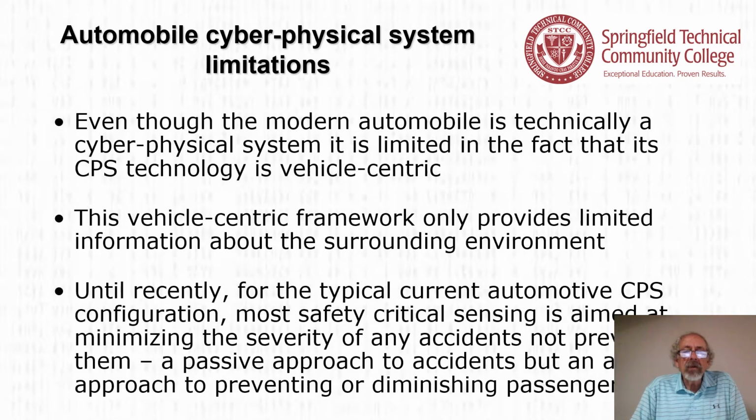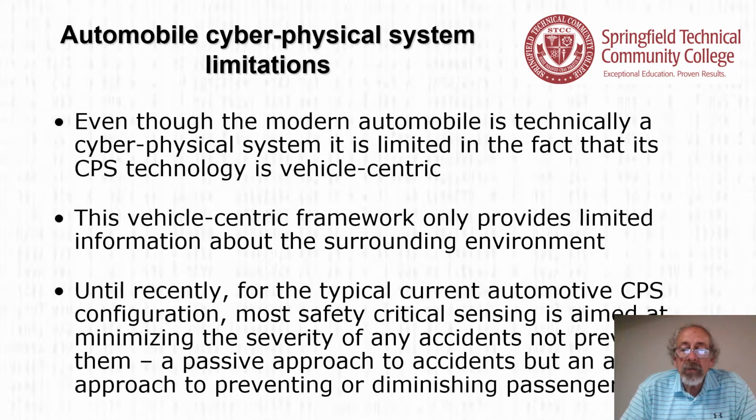Even though the modern automobile is technically a cyber-physical system, it's limited in the fact that cyber-physical system technology is vehicle-centric. This vehicle-centric framework only provides limited information about the surrounding environment. Until recently, for the typical current automotive CPS configuration, most safety-critical sensing is aimed at minimizing the severity of any accidents, not preventing them.